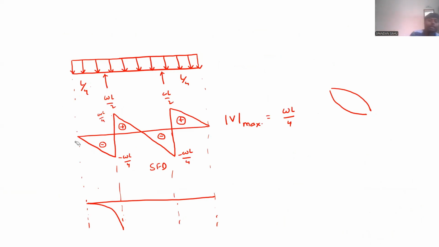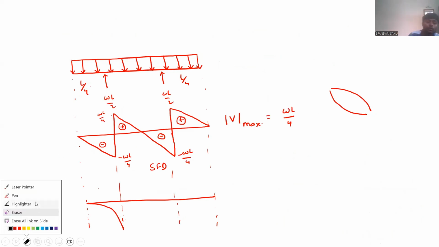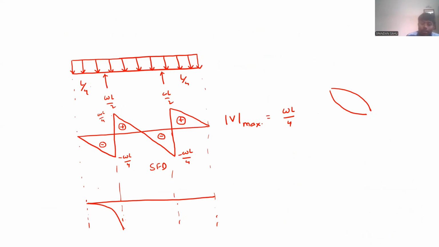Okay. Now, you take it as an exercise and do it, as I know there won't be any point of 0 bending moment in this mid span region. So I am directly drawing the figure. Okay, this will be your bending moment diagram, and your maximum bending moment will be WL square by 32.